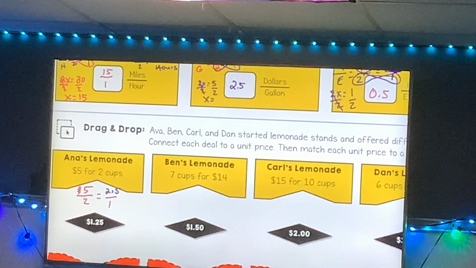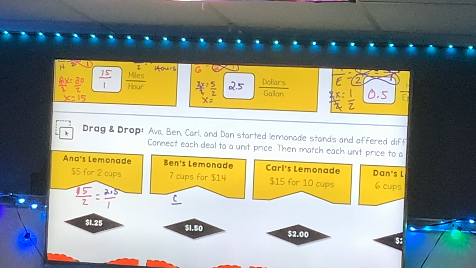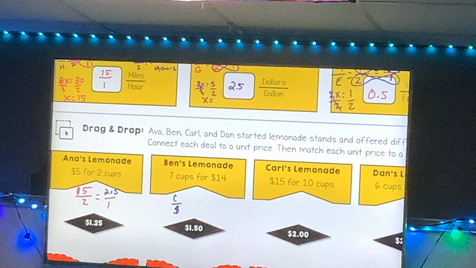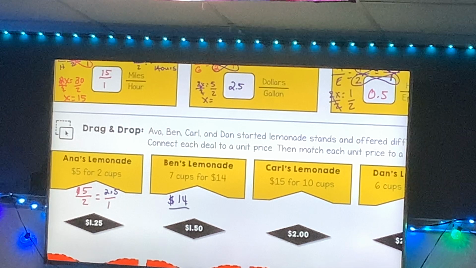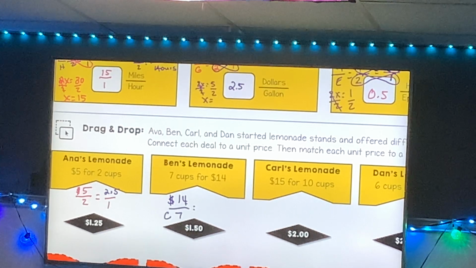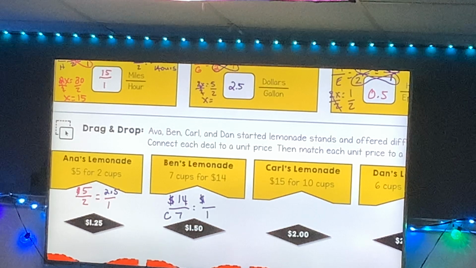If I have 7 cups for $14, let's put that the other way. We want our money on top. So $14 is 7 cups. How much is it per cup? $2. Good.